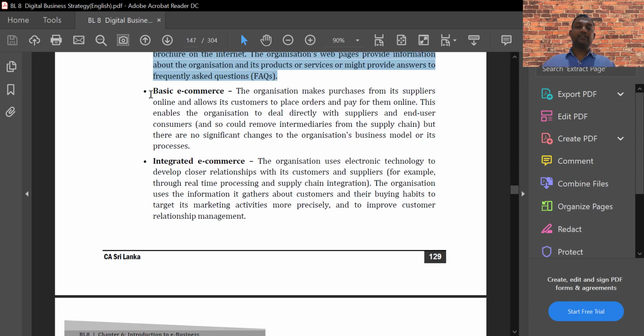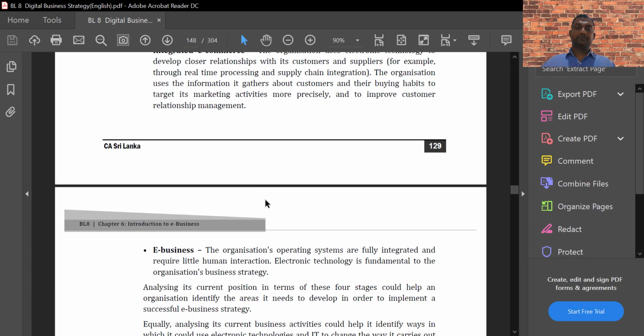And then that e-commerce can be expanded into integrated e-commerce, where when the payments are made, certain other processes and activities are also linked, like delivering of goods or automatically ordering of raw materials and things like that. So those processes are also linked with this platform. Not fully, but some of the processes are now automated and online they can do it.